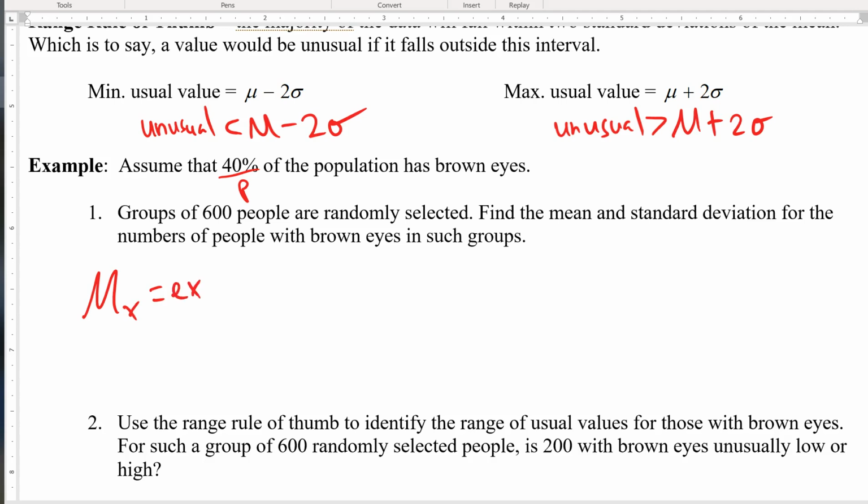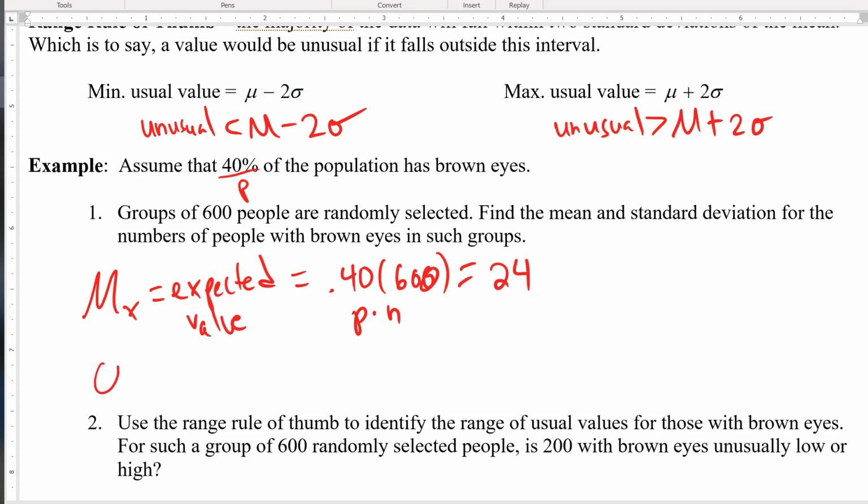We say, what is the expected value? Well, if 40%, right, have brown eyes, then I would expect 40 out of every 100, or 40% of the 600. That is n times p. So that should be, what, 24?